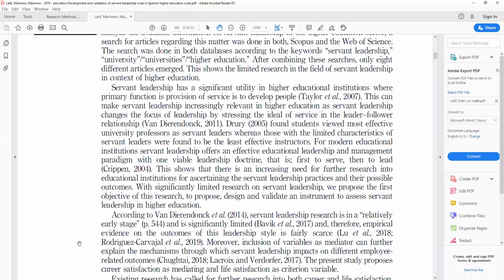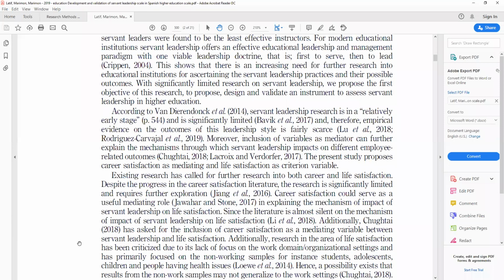And since I've already mentioned that you need to focus on the limitations of existing research, because this is going to stimulate the need for your research. By identifying the limitations of existing research, you are actually expressing why there is a need for you to conduct this research.